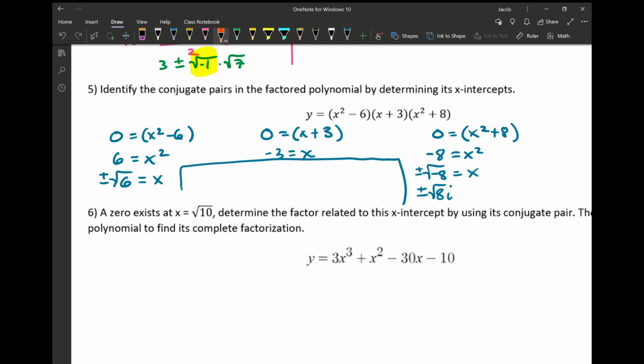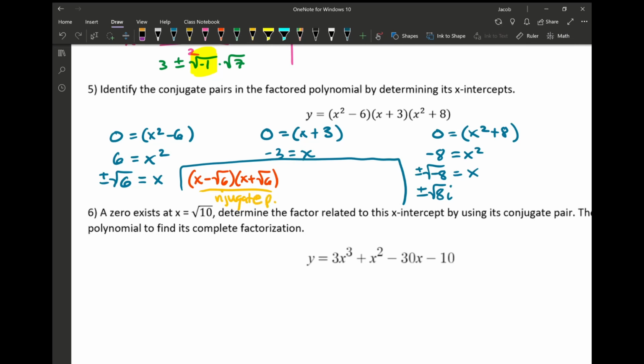Then I would be able to write x minus radical 6 and x plus radical 6. Oh, would you look at that? There's our conjugate pair for that 0.